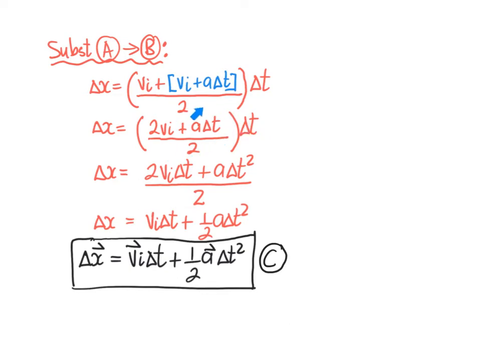We then multiply delta t in using the law of distribution, so 2vi delta t is the first term, a delta t times delta t is a delta t squared, and this is all over 2.